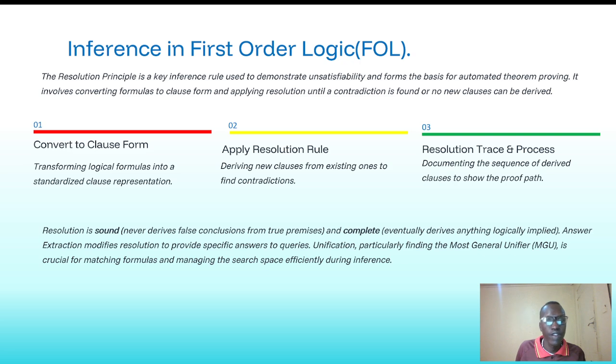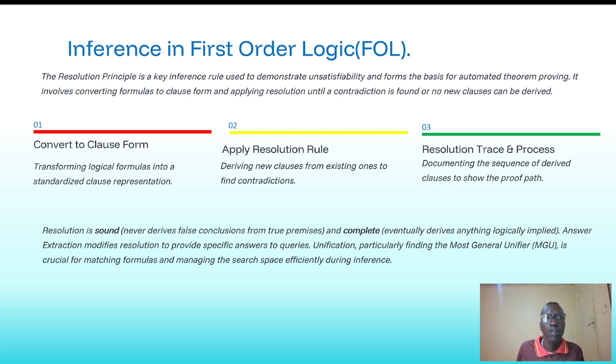Inference in first order logic. As we said, in first order logic the resolution principle is a key inference rule used to demonstrate unsatisfiability and forms the basis for automated theorem proving.